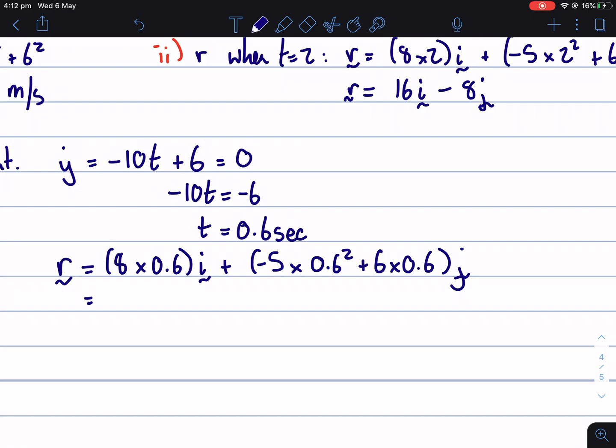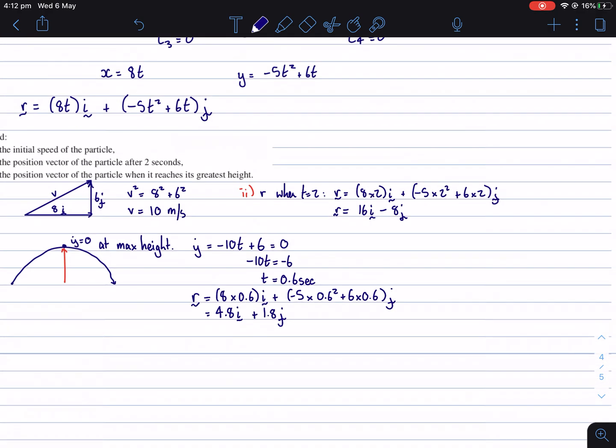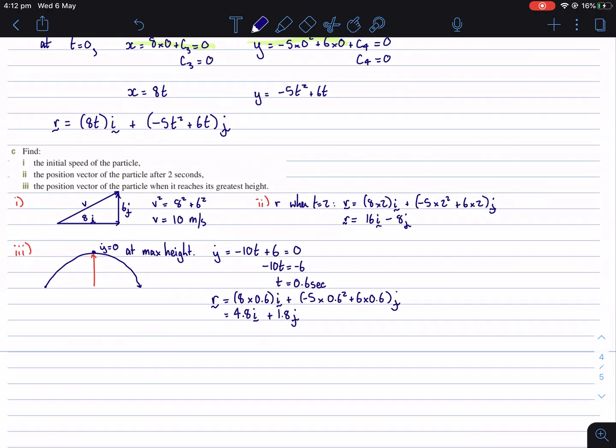So the position vector is 4.8i plus 1.8j. That's it.